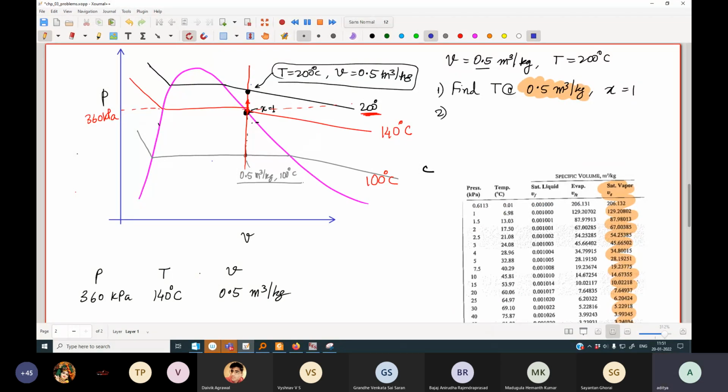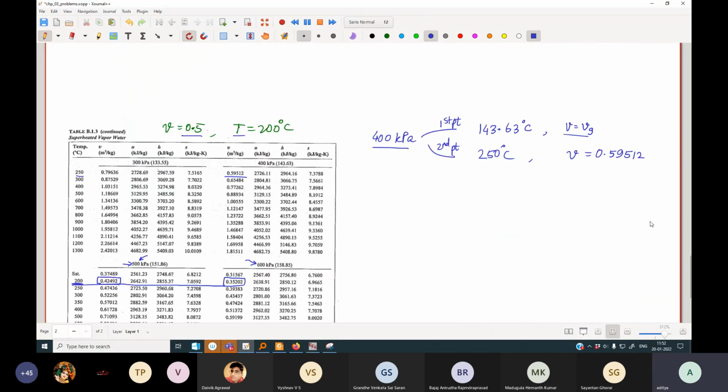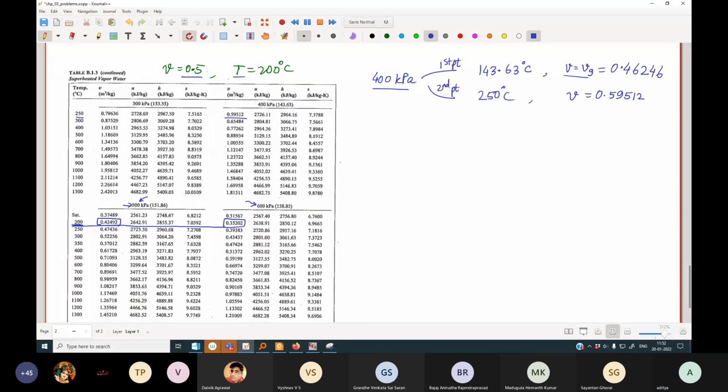So it means that this point will be 0.46246. Okay. So now at 400 kilopascal, at 200 degrees Celsius, what is this specific volume? Who will do the interpolation?